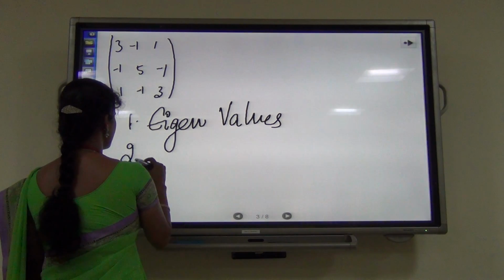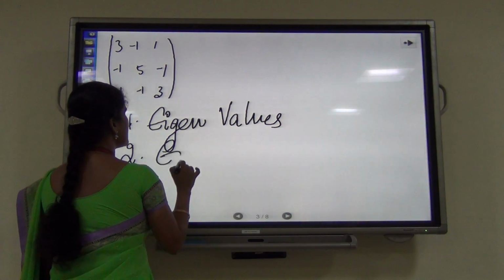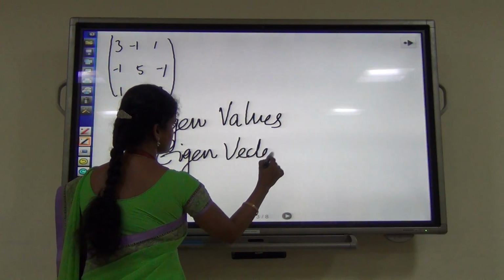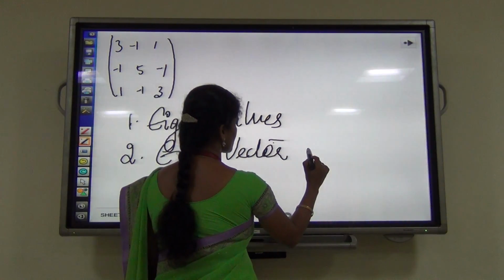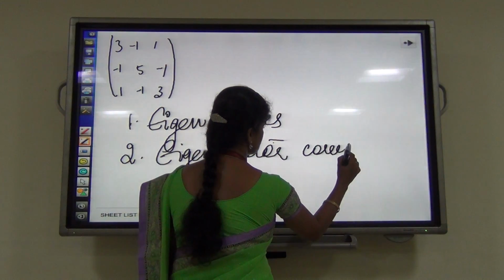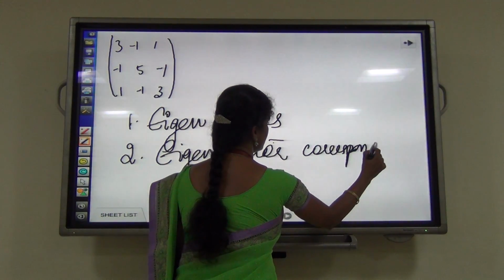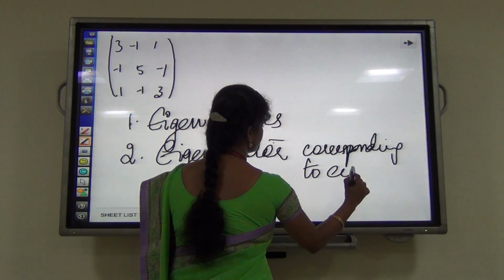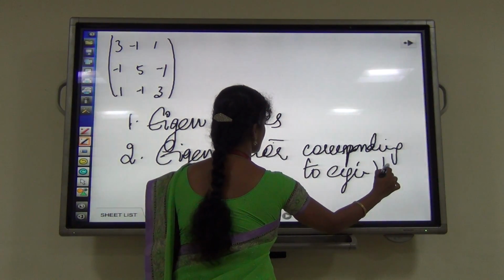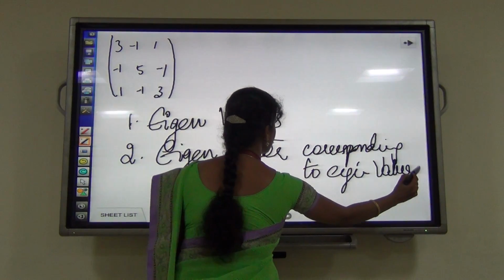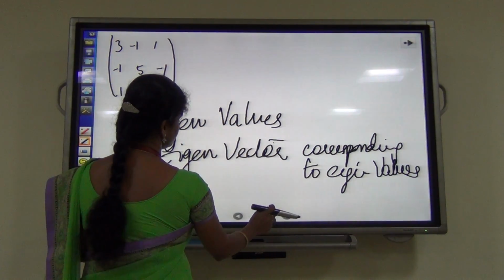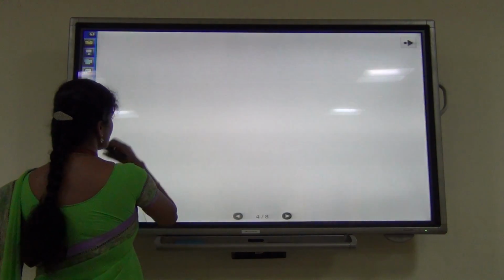The second step is finding eigenvectors corresponding to the eigenvalues.